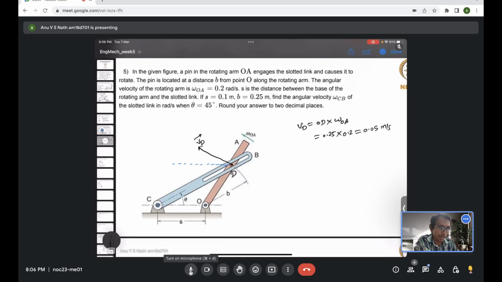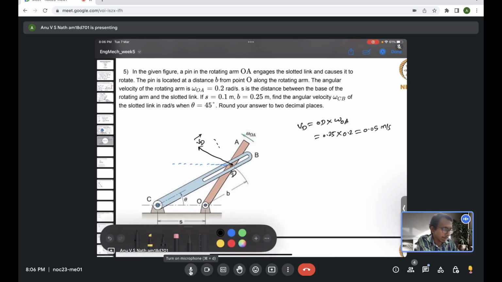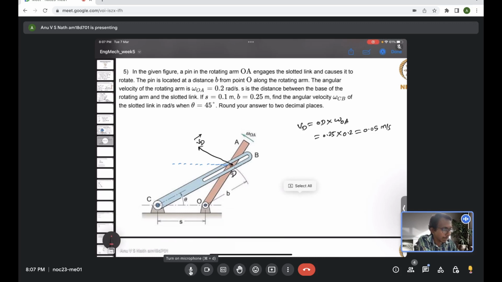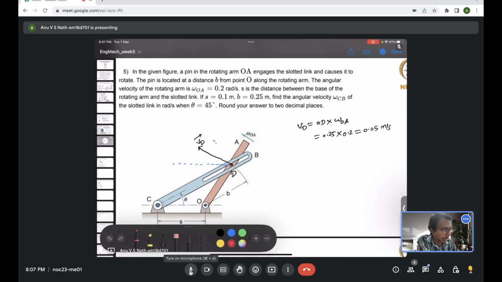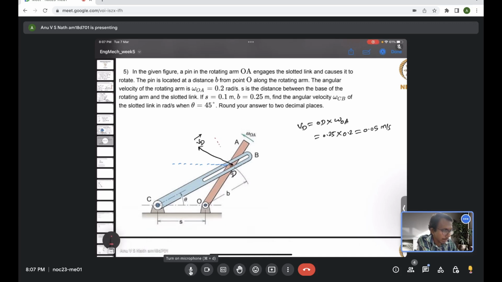One is a rotary motion, which is perpendicular to the link BC, about the point C, so it should be normal to that particular location.